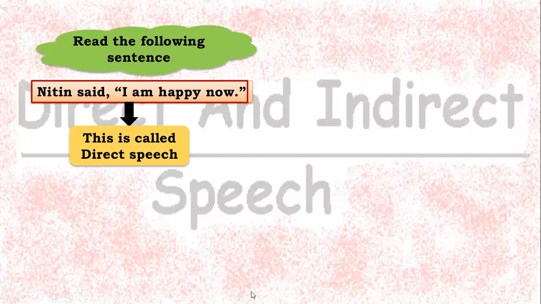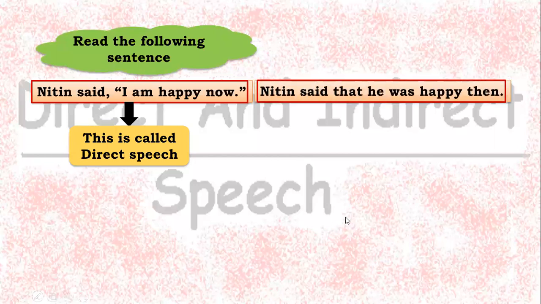Then when it comes to changing into indirect speech, the second person shares everything with the third person, let's say a friend. So there is a chain: from the first person, the information goes on to the second person, who shares the same thing with the third person. This is how the indirect speech works.